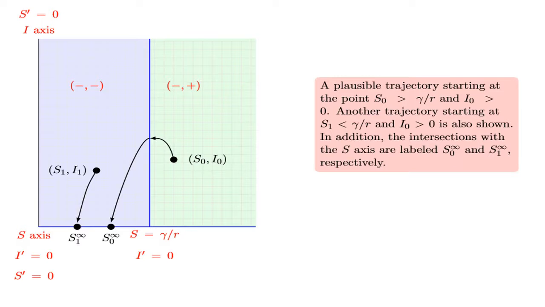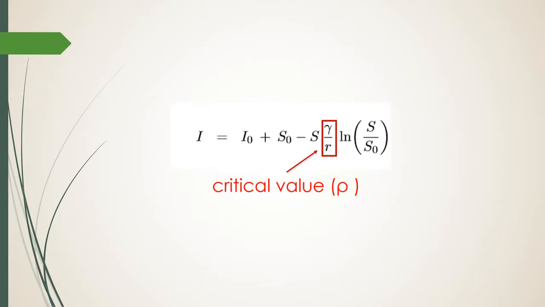In addition, the intersections with the S-axis are labeled S infinity 0 and S infinity 1 respectively. It is clear that this curve has a maximum at the critical value gamma divided by r. Gamma divided by r is called in disease modeling the susceptible rate rho.